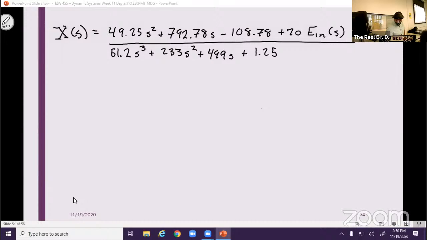It's a step of 12 volts, right? So 240 over S. Okay, that's En.